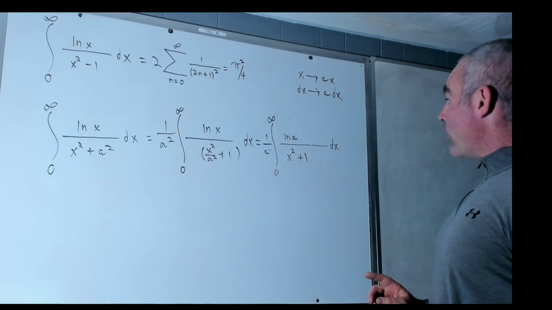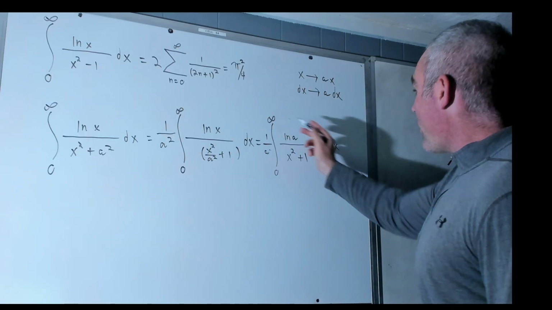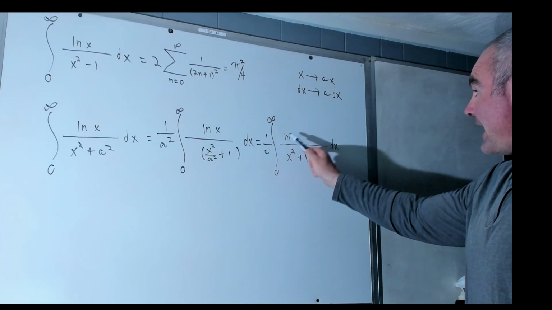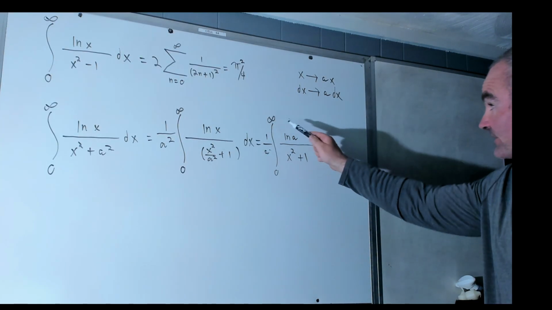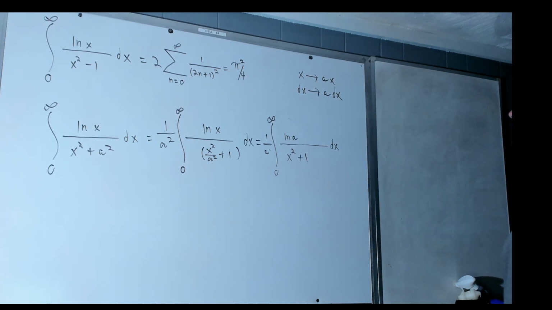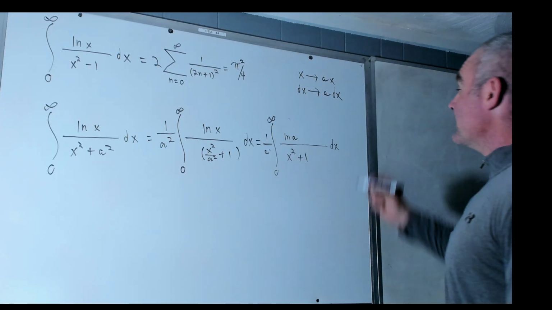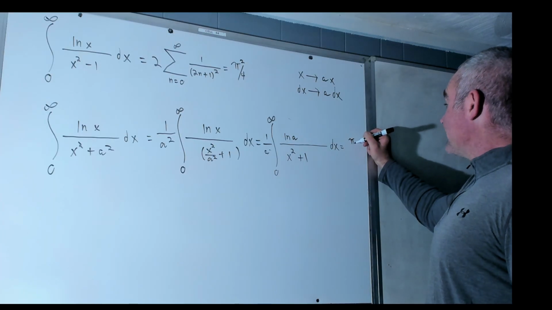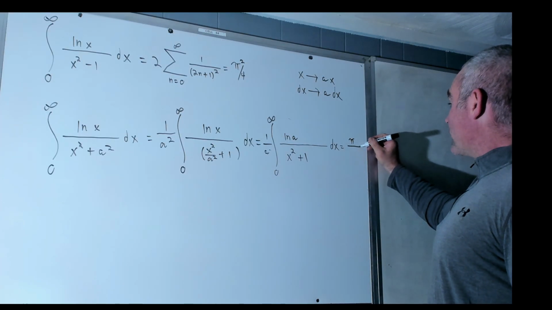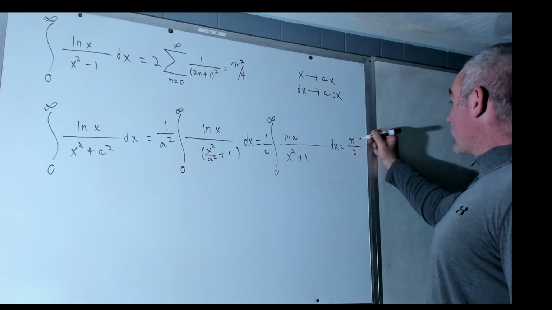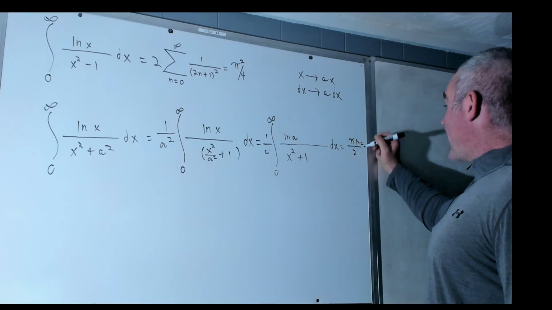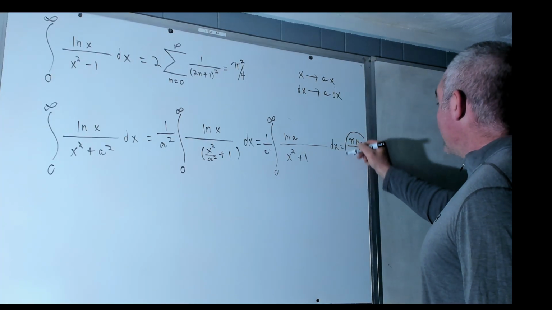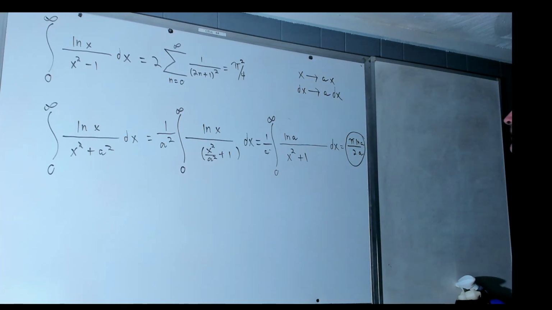Now you can see that this whole thing is just going to evaluate to natural log of a over a times the integral from 0 to infinity of 1 over x squared plus 1. In other words, we're going to get pi on top, a 2 on the bottom, a natural log a up top, and an a on the bottom. So that integral evaluates to that.